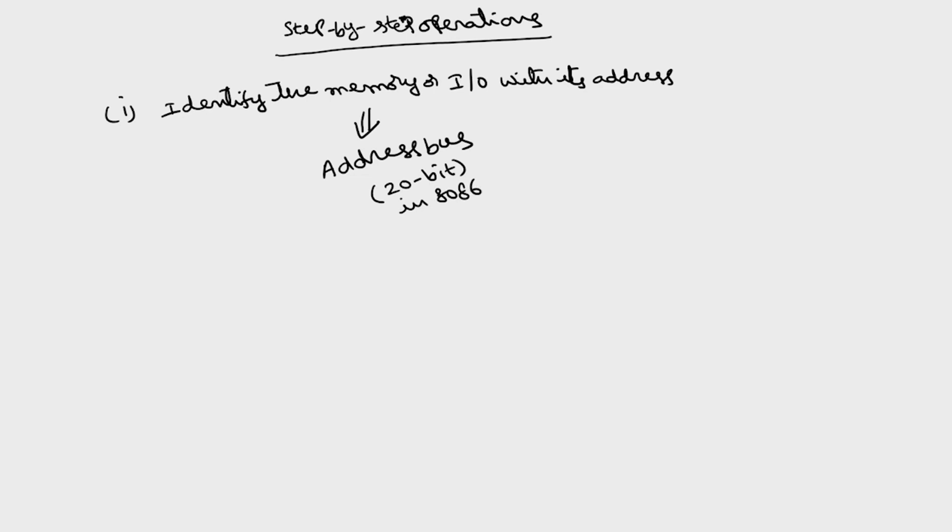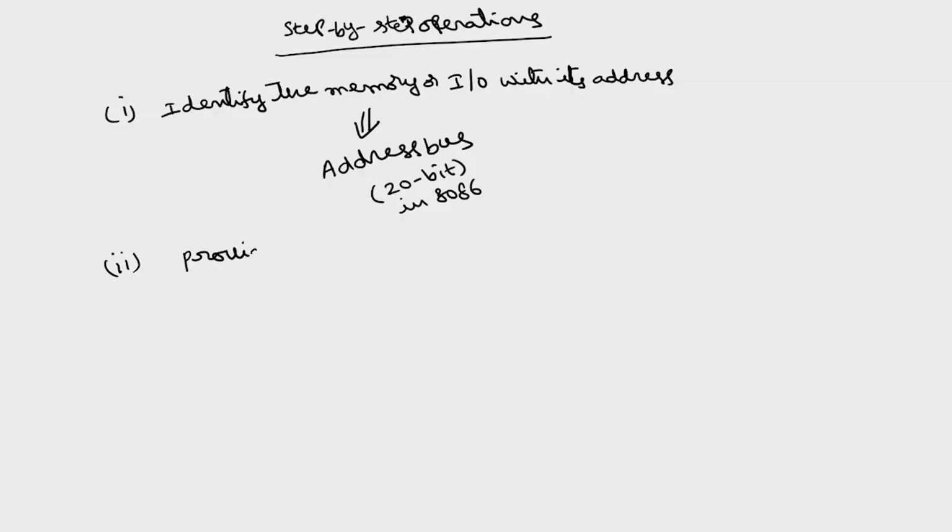So, the very first step is the microprocessor has to identify the memory or I/O with its address. After identifying this memory or I/O, then it has to generate control signals, and provide timing and synchronization signals, such as whether it has to perform the read operation or write operation.